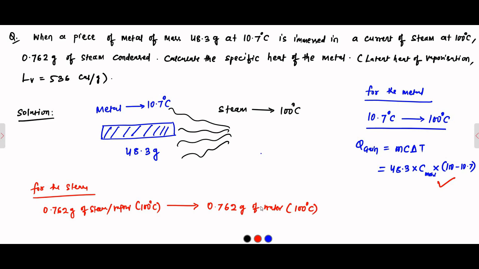So we know evaporation, condensation, melting, freezing all happen at latent heat, hidden heat.